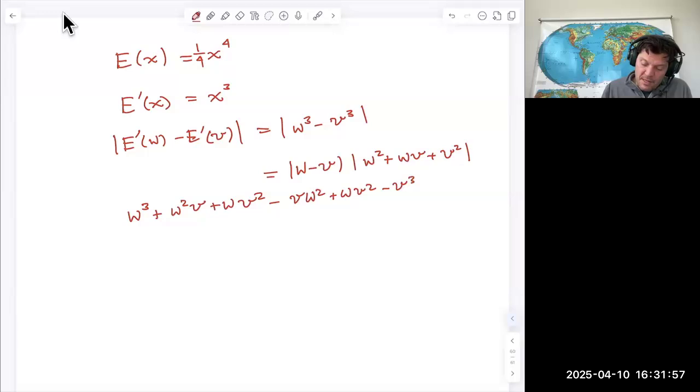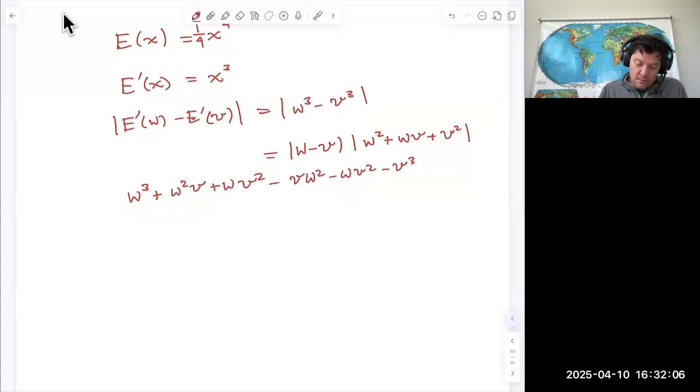I think this one should be minus, right? All right, let's see, do we get the cancellation that we want? W squared V and W V squared. Yeah, so both of those cancel. All right, so I got it right, I think.